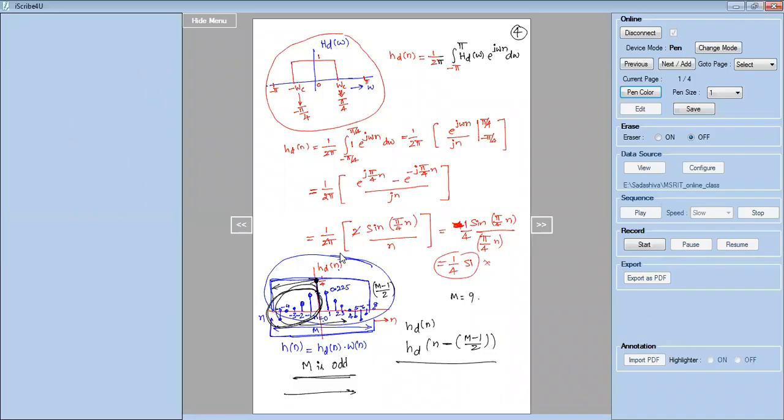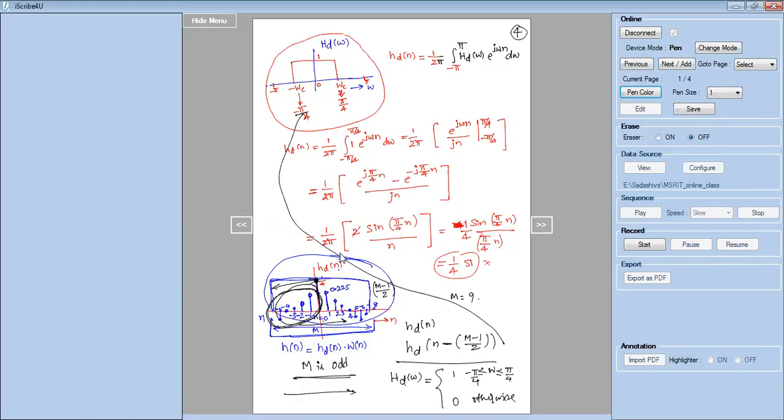Then what will be the implication in the frequency domain? My Hd of omega will not be just 1 for omega between minus pi by 4 to pi by 4 and 0 otherwise.